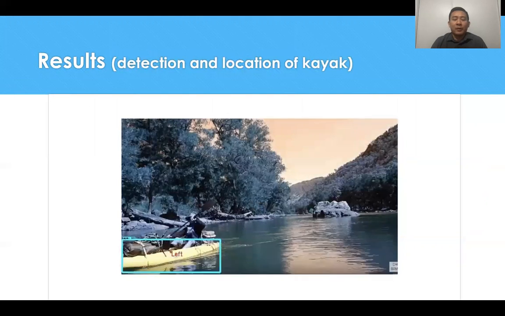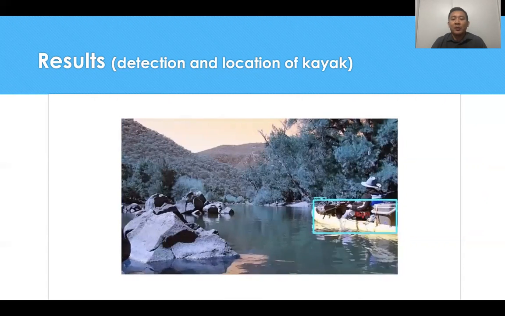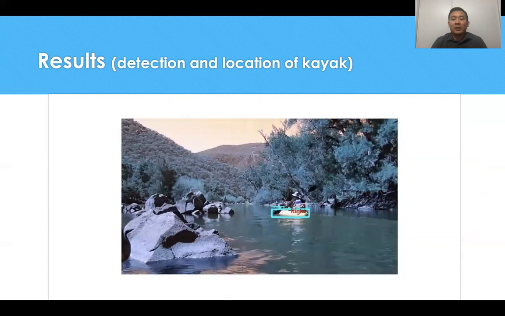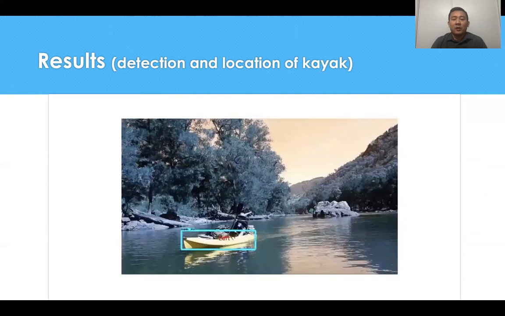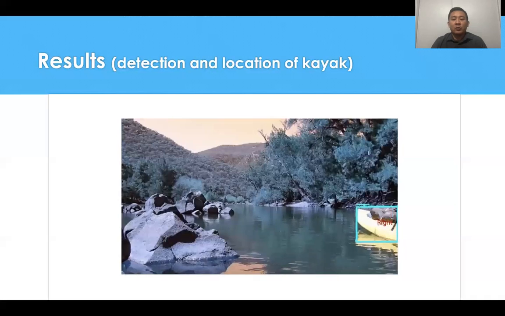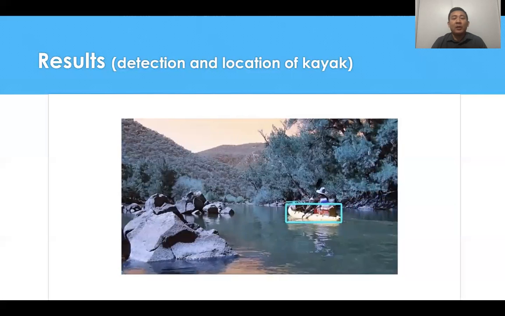And from the bounding box coordinates, we can also extract the location of the object in the image. Here, the model is able to detect whether the object is on the right side of the image or the center or the left side of the image. And we can use this information to provide the kids with the location of the object relative to the position.